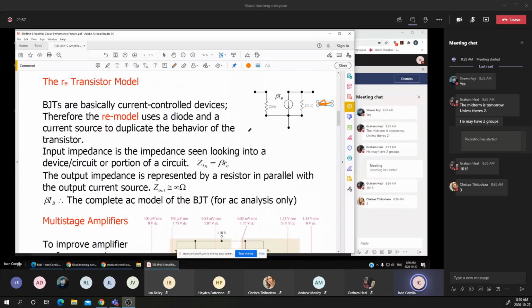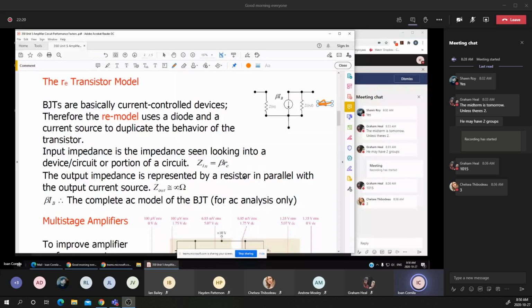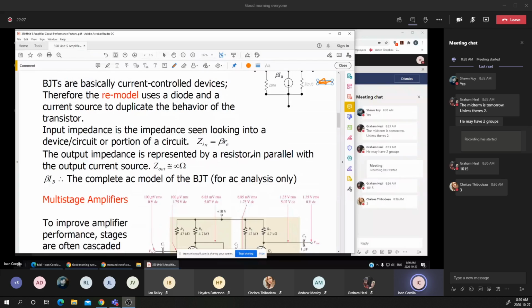On the input, I just have a pure resistance. Suppose that I don't have any other components connected to the circuit. You notice that the Zin can be defined as beta re. Again, this is the re equivalent model for a transistor that can be used in AC analysis.